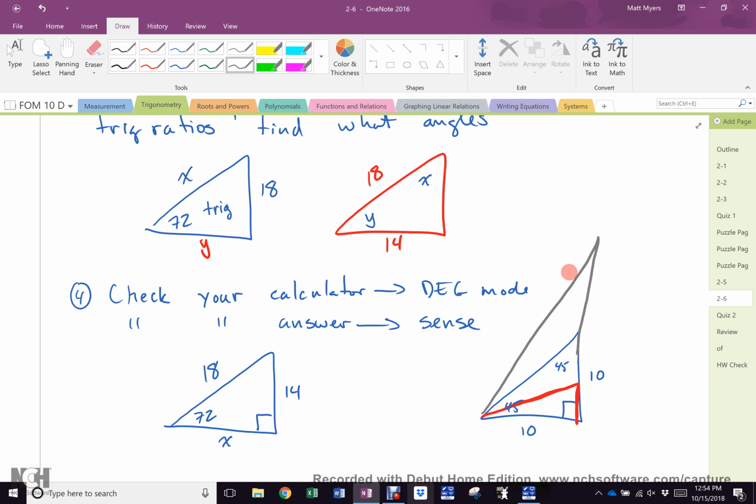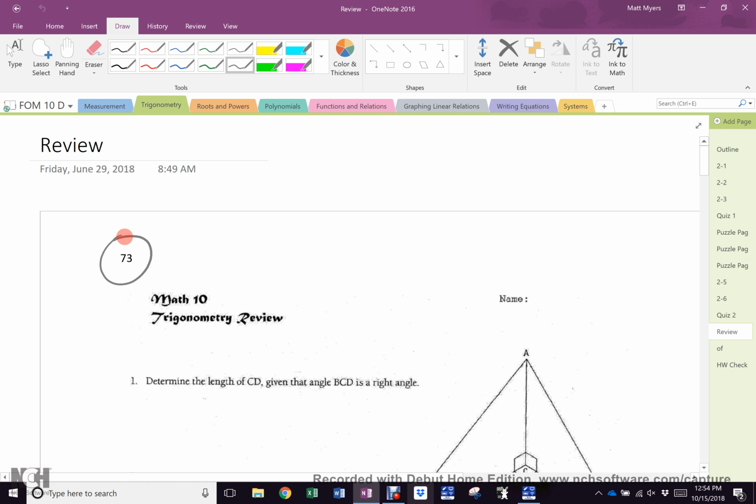Every part of it. After that quiz, you are going to begin working on page 73. You will finish tomorrow's class after we have written the quiz and marked it and discussed it. You will work on page 73 for the rest of tomorrow's class.